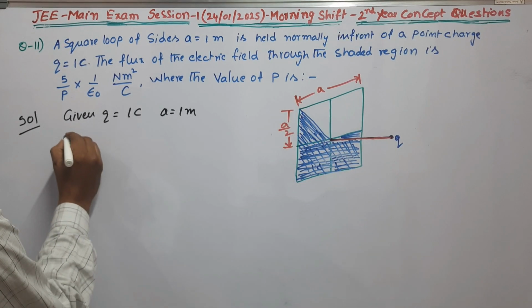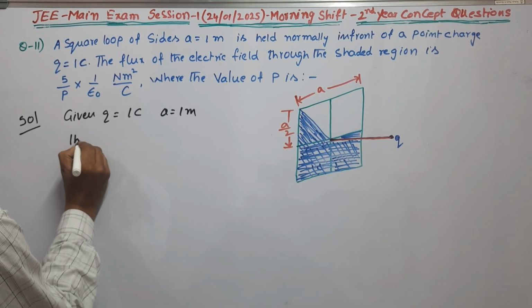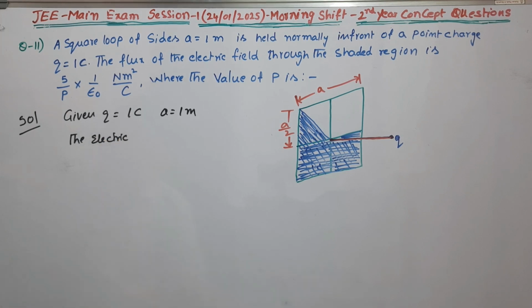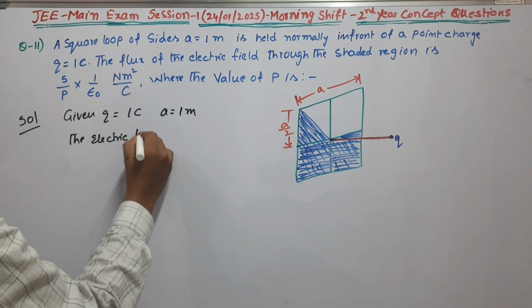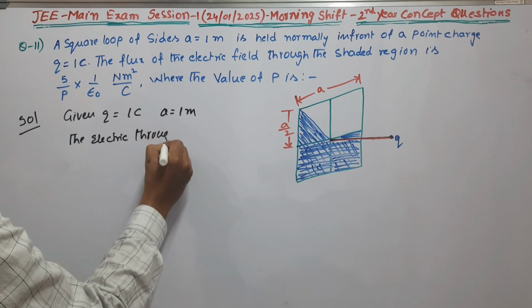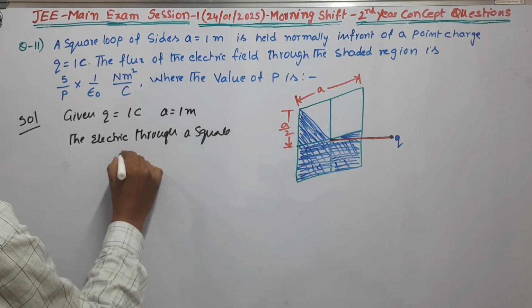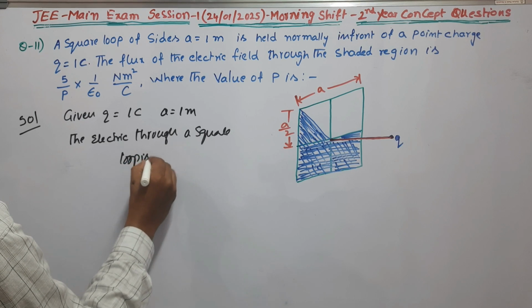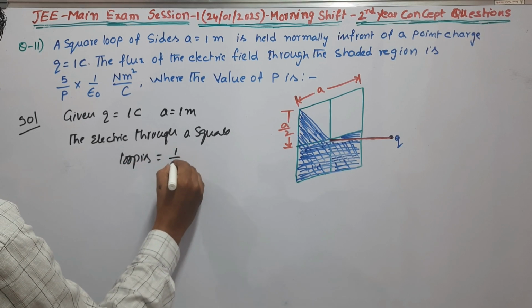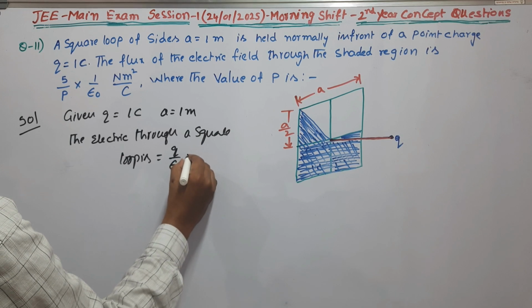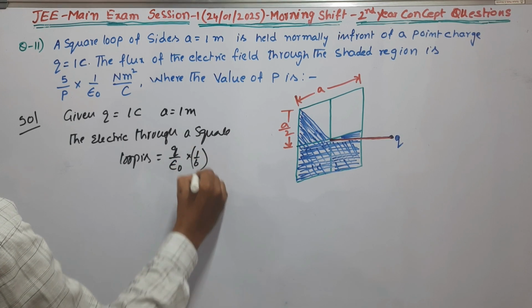So, you know one thing, the electric flux through a square loop is equal to charge Q by epsilon naught times of 1 by 6.